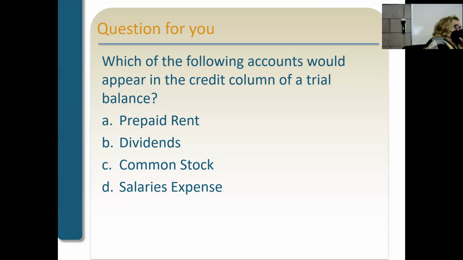What are dividends? What normal balance is it? We know it's a debit because it reduces stockholders' equity. So to reduce it, it's going to debit it. Common stock, that's normally a credit balance, isn't it?